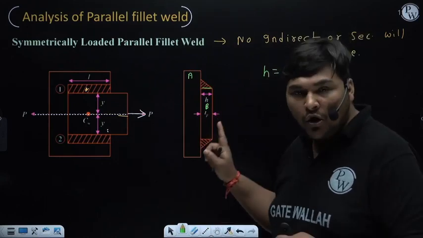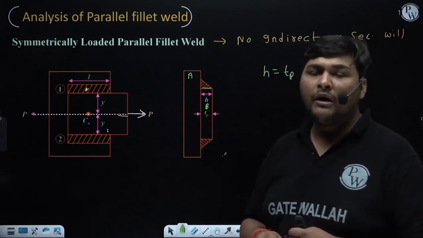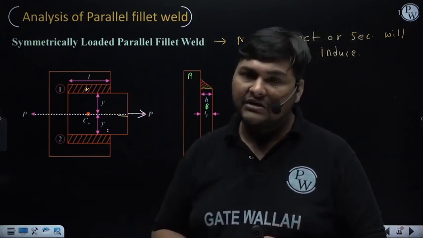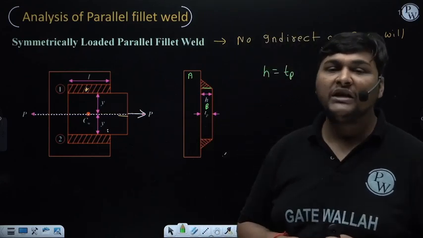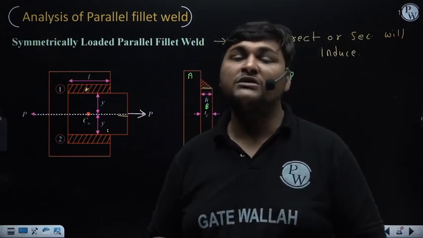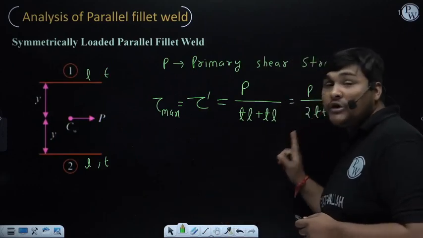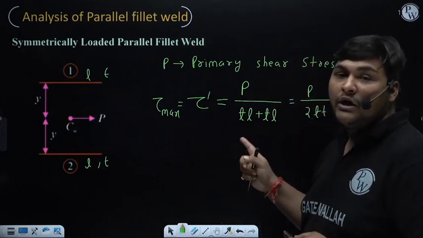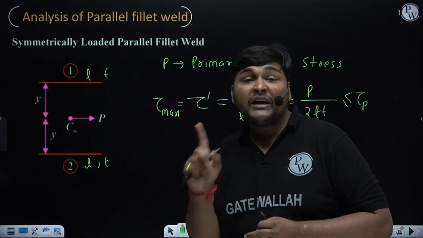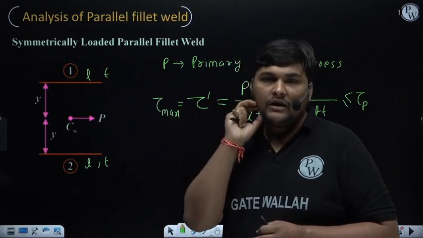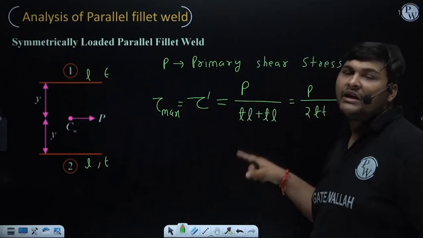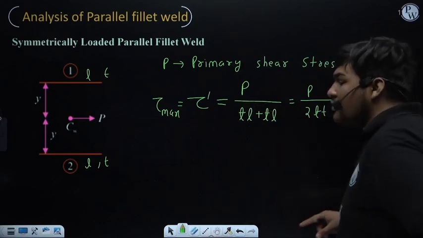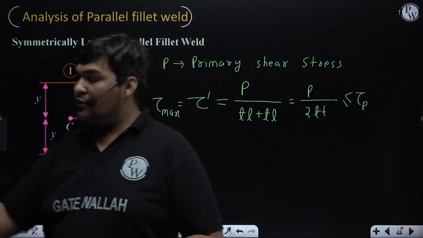And if you know the value of H, you can easily calculate the throat thickness. Throat T equals H by root 2, because in the formula of stresses throat area is coming, leg area is not coming. So to calculate stress, throat area is more important than leg area. So if leg dimension is given, you can calculate throat, and you can calculate primary shear stress, and for design it should be less than or equal to the permissible shear stress of the weld material.